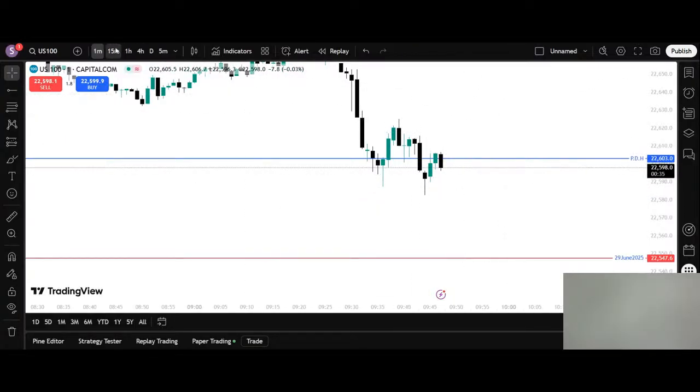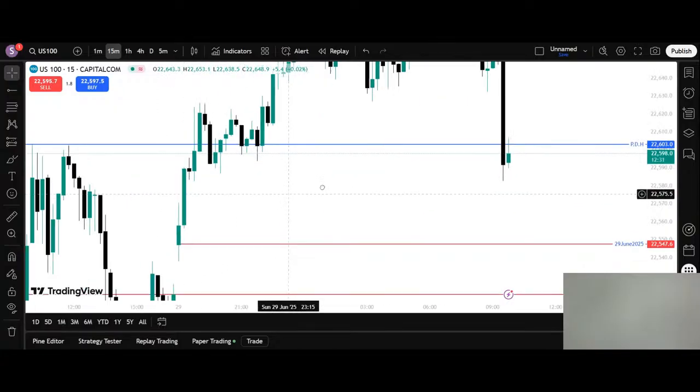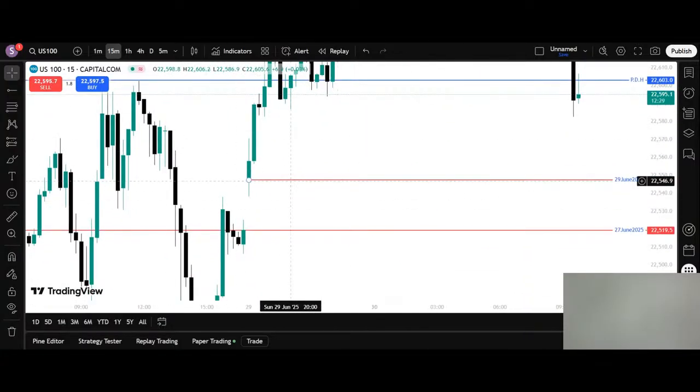The close was kind of good. Total 15 minutes. This could be our target at 546.